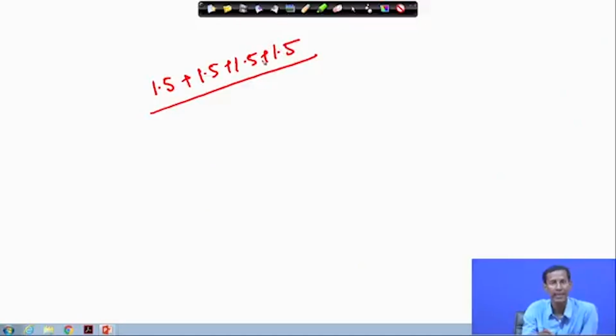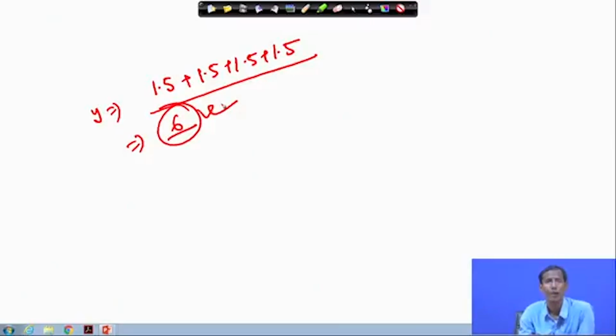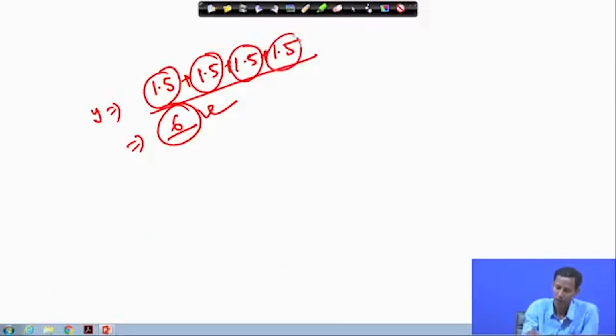If I just add them in decimal numbers, what will y be? y will be 6. So 6 will be my result. Now, considering each of these numbers on that particular circuit we have just discussed, if I add them, what will happen?